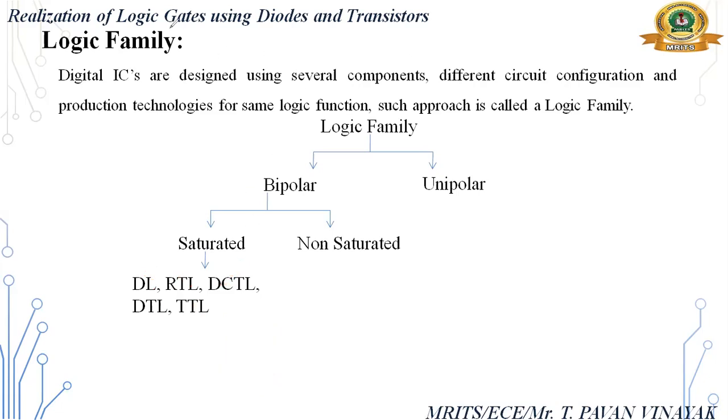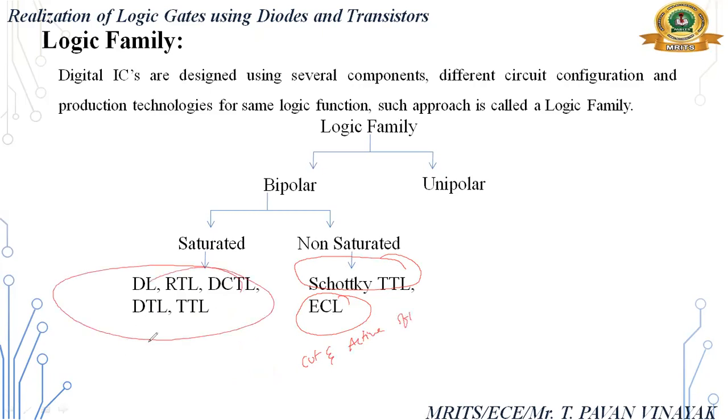Next, non-saturated: we have Schottky TTL and ECL. In these two logic families, the transistor works only in the cutoff and active regions, whereas in the saturated logic families the transistor works in the saturation region only.